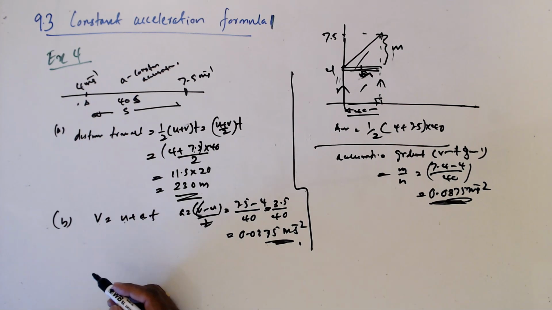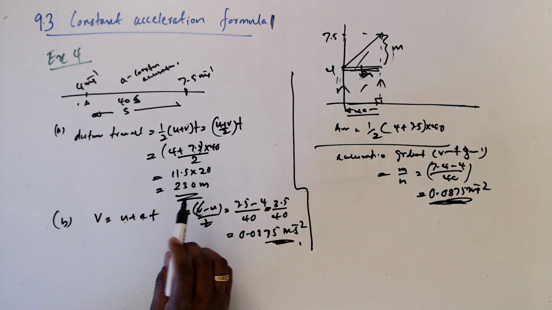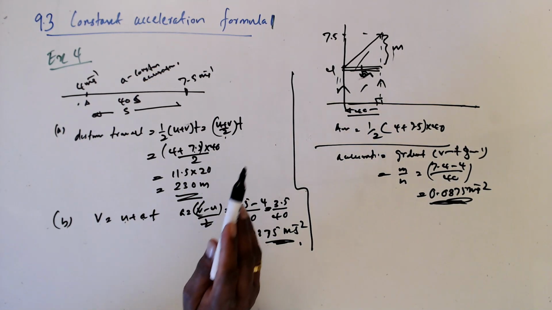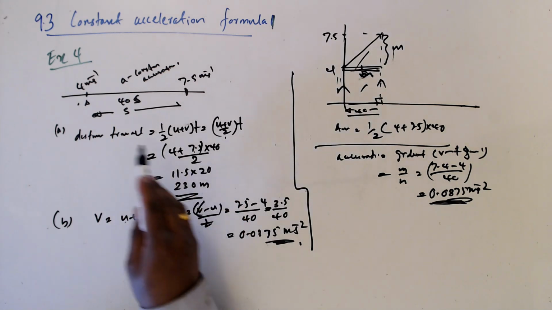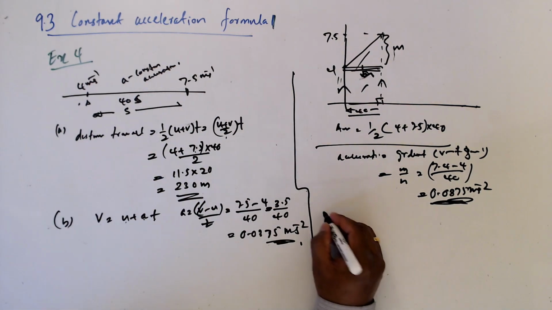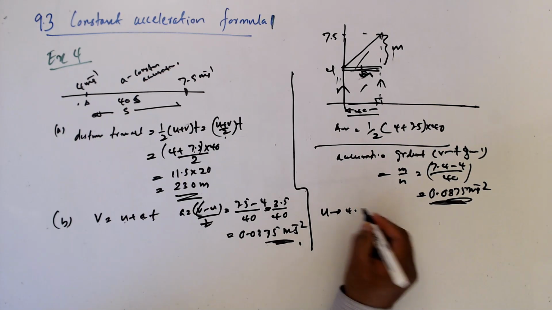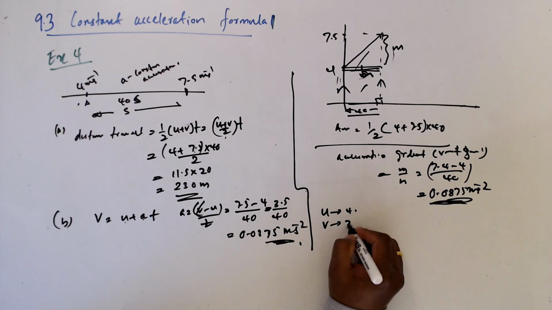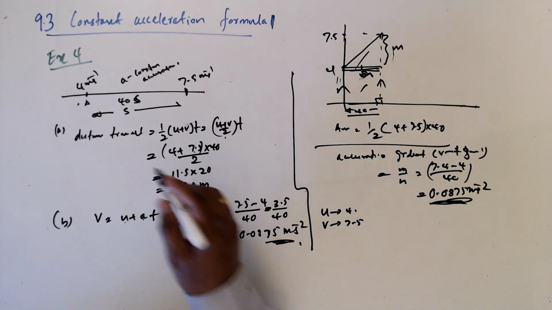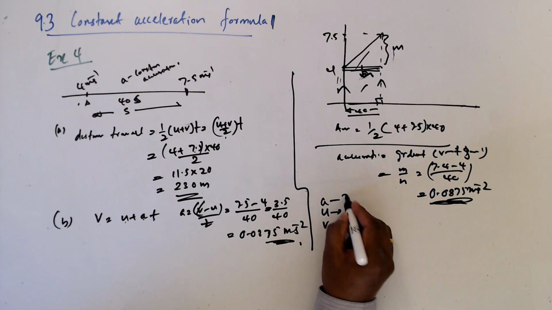So now it is easy to work with these equations. What you usually do is match, because from one equation we can only find one unknown. So we see which variables are given. We know u is 4, v is 7.5, and a we don't know.